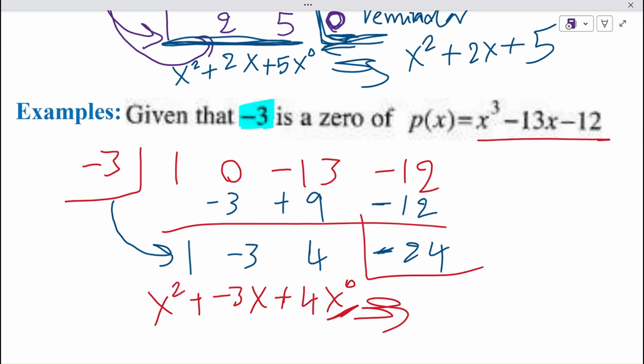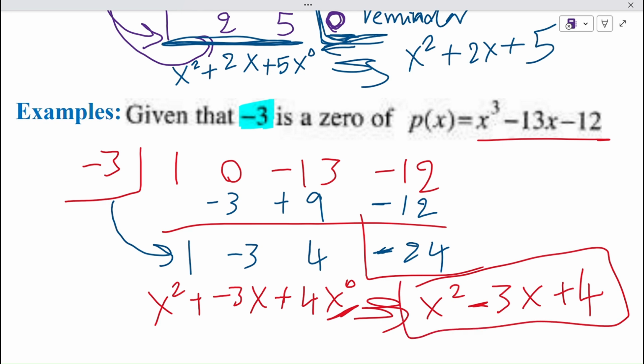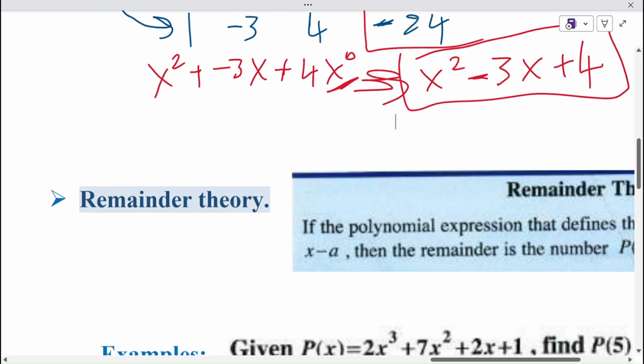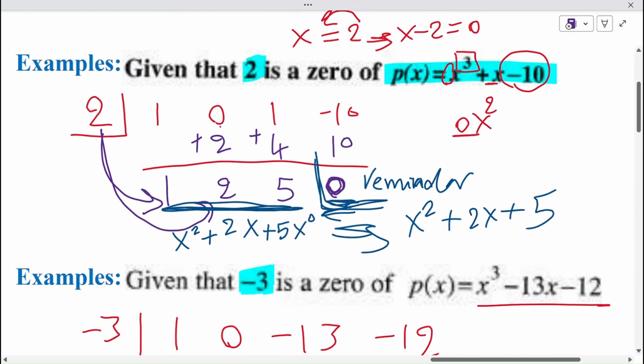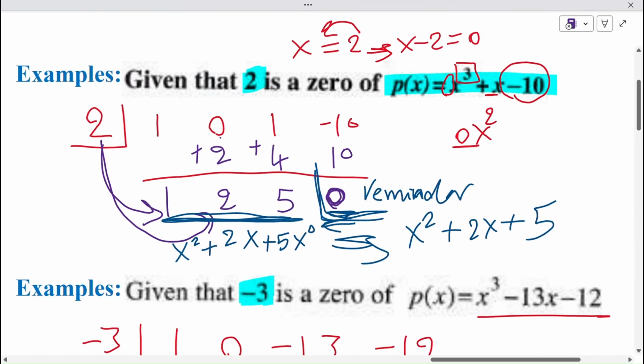Because x to power 0 is 1, you have to write x to power 2 minus 3x plus 4. Look at here. Okay, this is all about dividing polynomials.